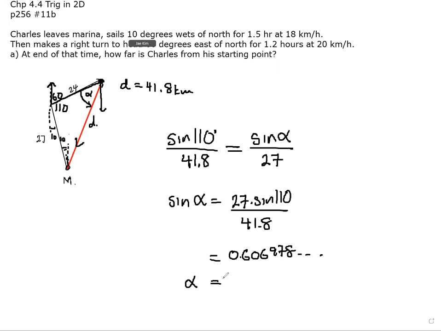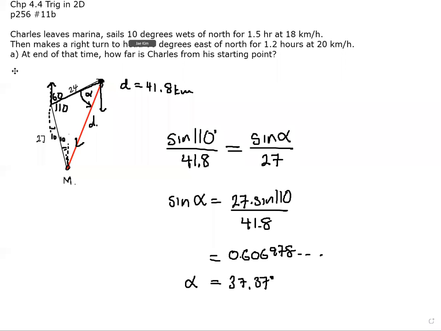I'm going to keep all those decimals and then round only at the end. Is that right? Once again, 27 times sine 110. I don't want to make a mistake and then do another take on this. So inverse sine of that angle, 37.37 degrees.